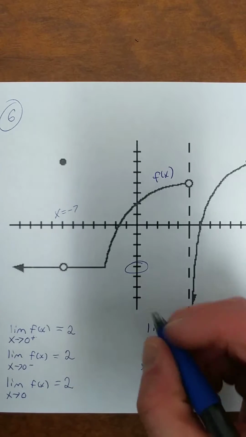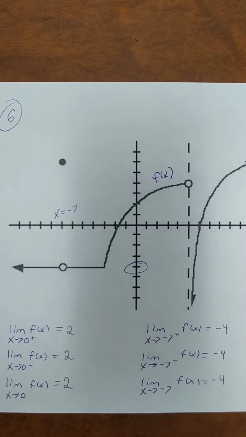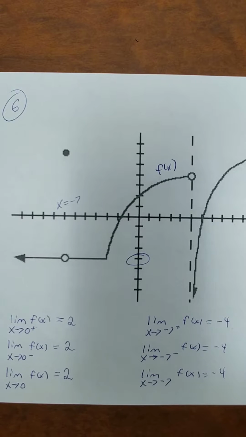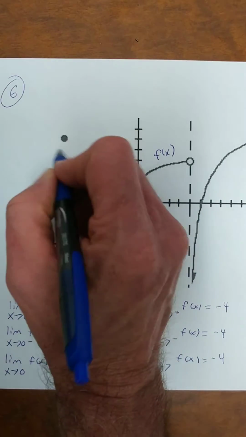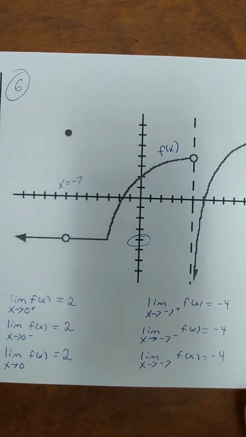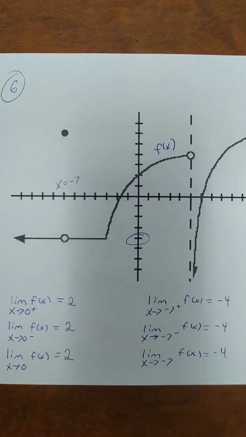So again, we have agreement. So in these first two examples, we actually do have a limit. In the first one, it's 2, and in the second one, it's -4, even though we have this odd point that's up here. I actually do this example in the continuity section, and we talk a little bit about the significance of that point being where it's at.